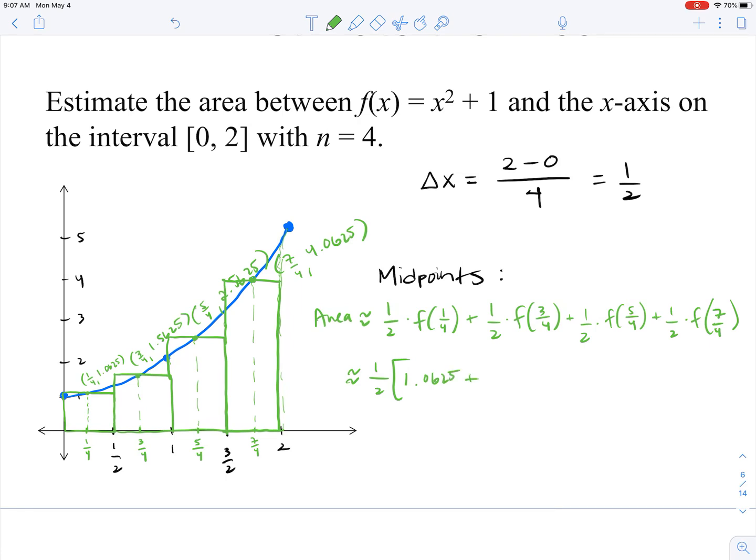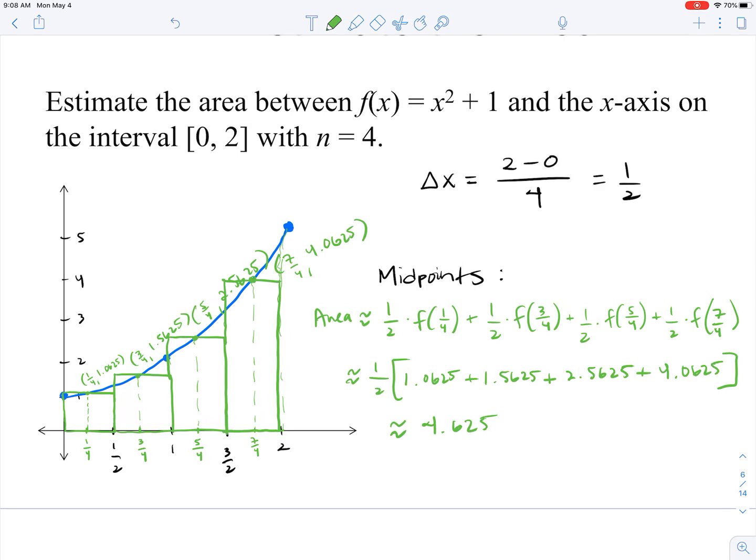Okay, so I can factor the 1/2 out here. f of 1/4 I said was 1.0625. f of 3/4 was 1.5625. f of 5/4 was 2.5625. And then f of 7/4 was 4.0625.